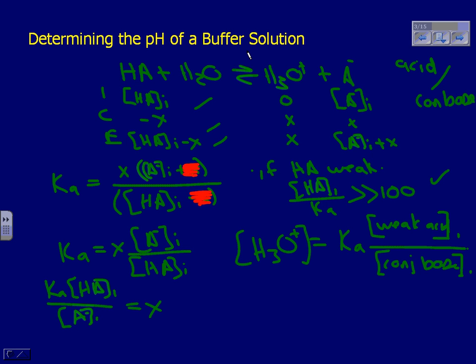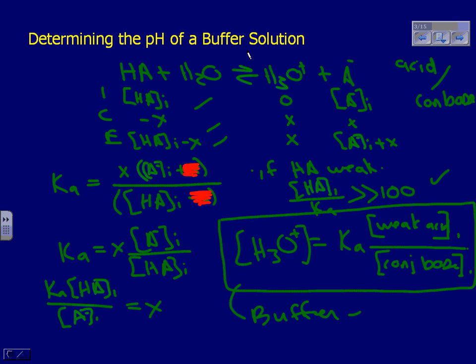I just put the words in there so that we don't get messed up with what the A minus is. The A minus is the conjugate base. All right? There is the shortcut. We can call this, if you want to give it a name, the buffer equation.